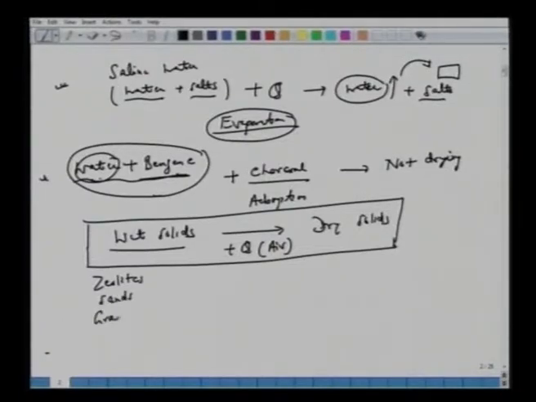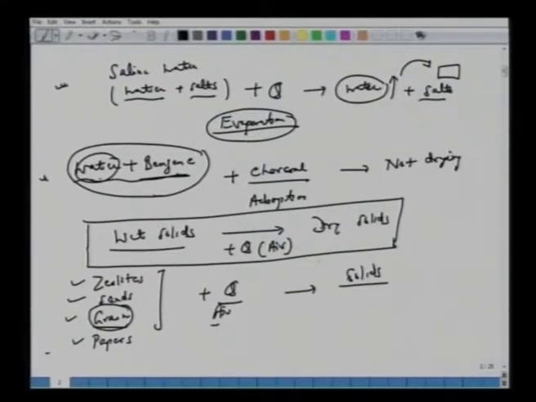If you recall, in food industries moisture has to be removed from grains to improve longevity, or to ensure that grain does not deteriorate with time. You have a huge dryer where you remove moisture by supply of say hot air. So zeolites, sands, grain, papers, all of these we supply heat through hot air, and then you have a solid which is relatively less wet, or a dry solid.